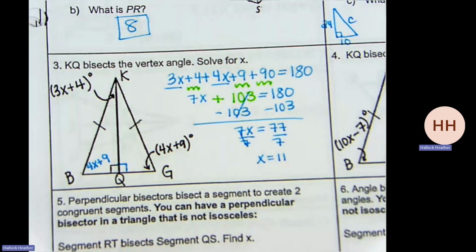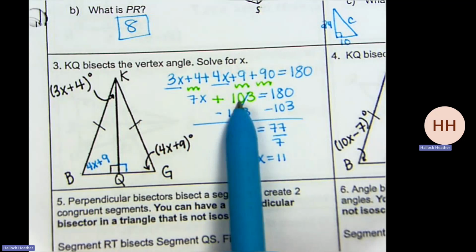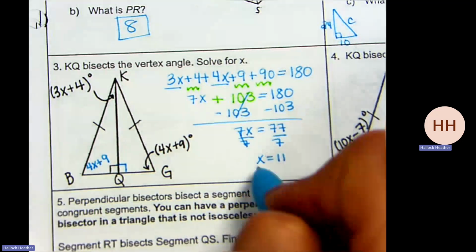Okay, so when you combine your x's, 3x and 4x makes 7x. When I combine just my numbers, 4, 9, and 90 makes 103. So I have to minus 103 to both sides, and then I divide by 7, so x equals 11.